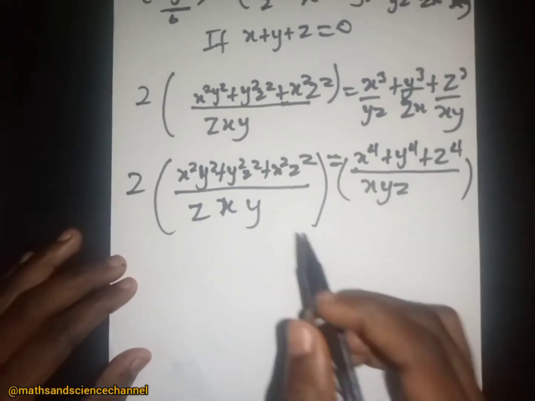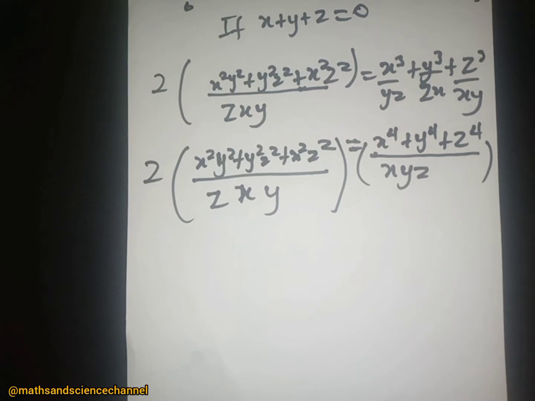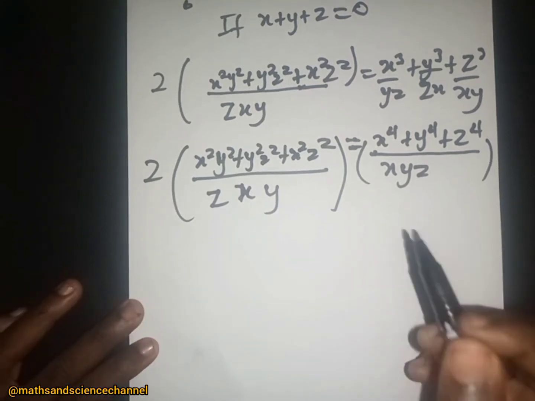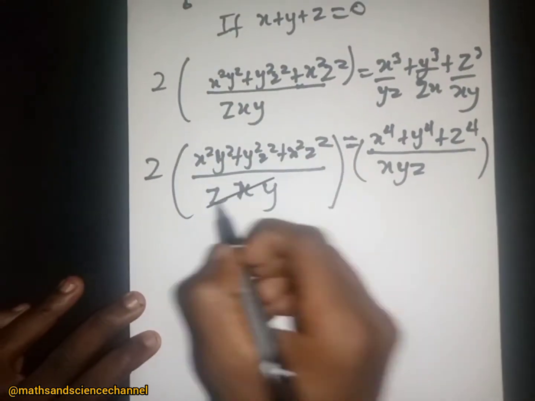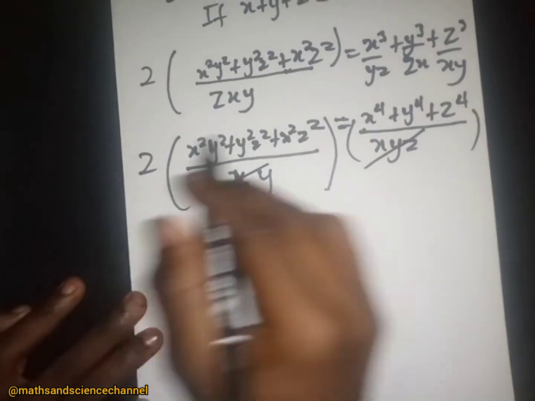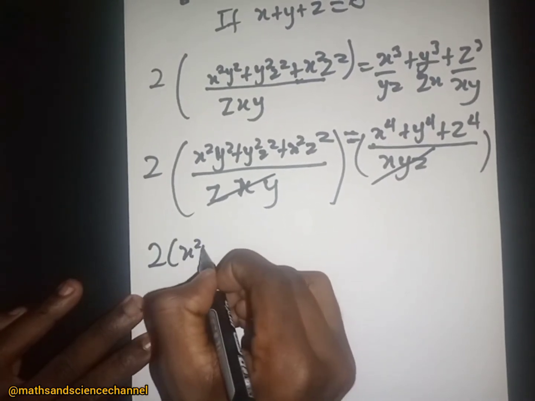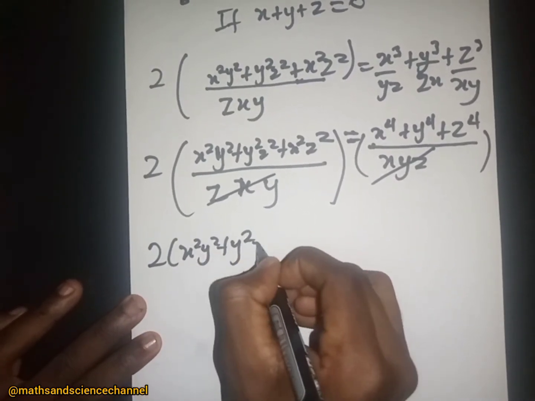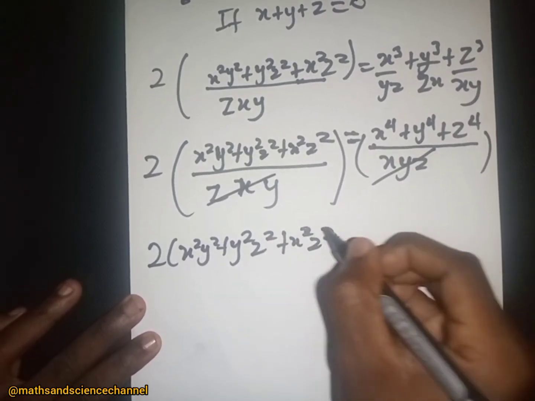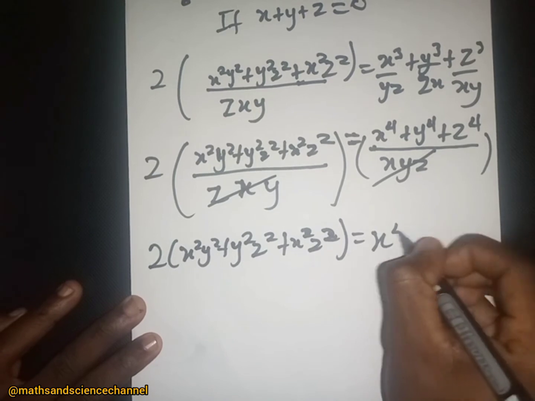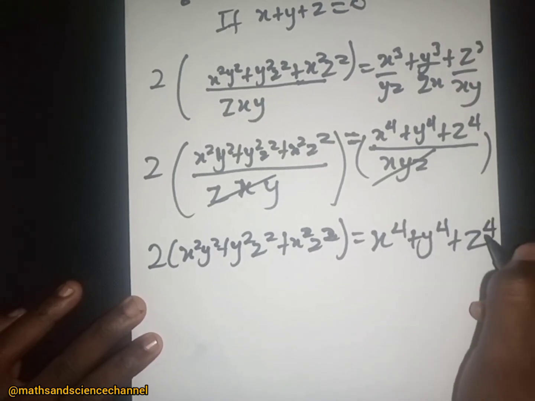What we are going to do is cross multiply, right? In cross multiplying, you realize that when this goes up there and this goes up there, this will just cancel that, right? So you are only left with the numerators. With the numerators, we have x squared y squared plus y squared z squared plus x squared z squared here, right, being equal to x to the power 4 plus y to the power 4 plus z to the power 4.